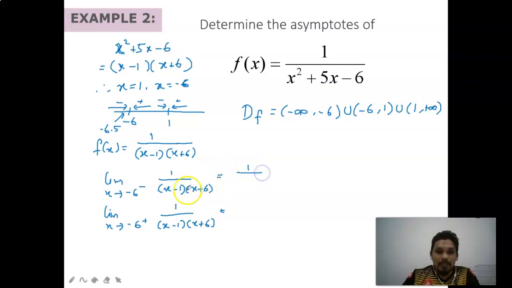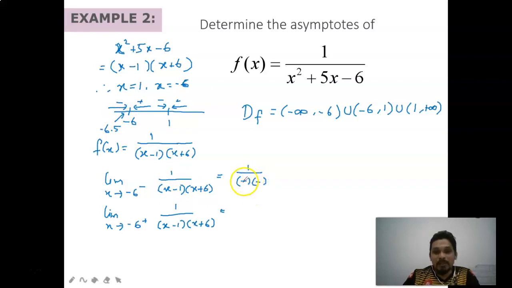Now let's try. Negative 6.5 minus 1 equals negative 7.5, so we put the sign negative there. And again, with x approaching negative 6 from the left, negative 6.5 plus 6 is negative 0.5.